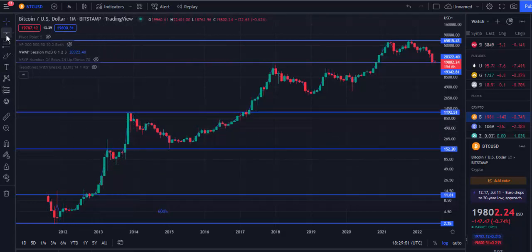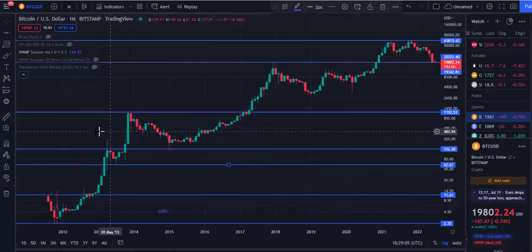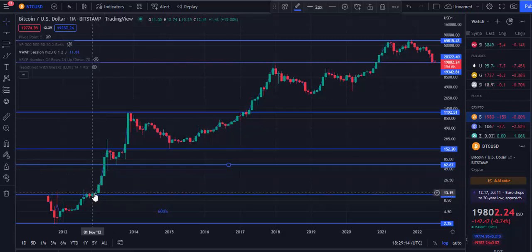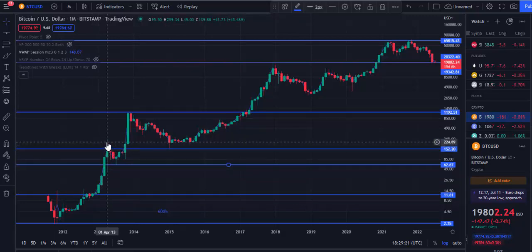not consider this second one that happened in 2013. So in 2013 here, Bitcoin, after breaking out in December, January, went as high as approximately 260, according to what we are seeing on the chart.